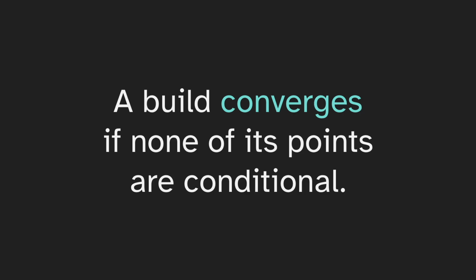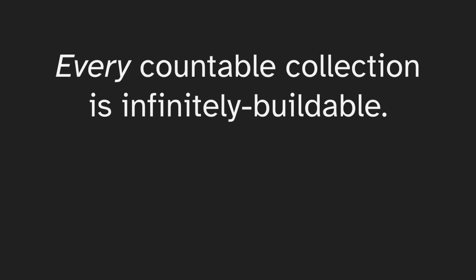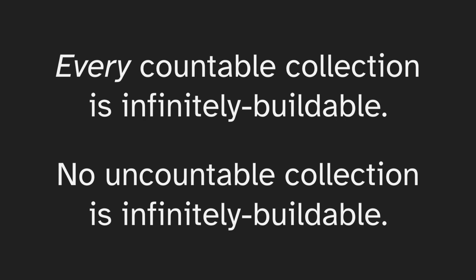And using this new definition, it's pretty straightforward to update our techniques from before to allow for infinite or negative infinite coefficients, which means every countable collection is infinitely buildable. We can do pretty much anything we want as long as we have at most countable points. And this is exactly where we draw the line, because no uncountable collection is infinitely buildable. And I'll leave that to you to think about why not.